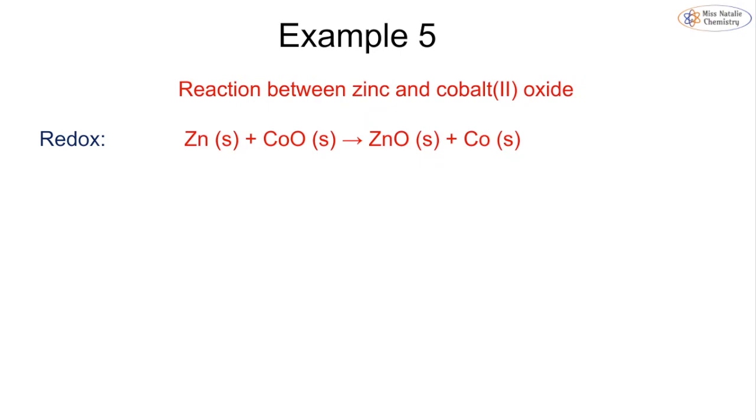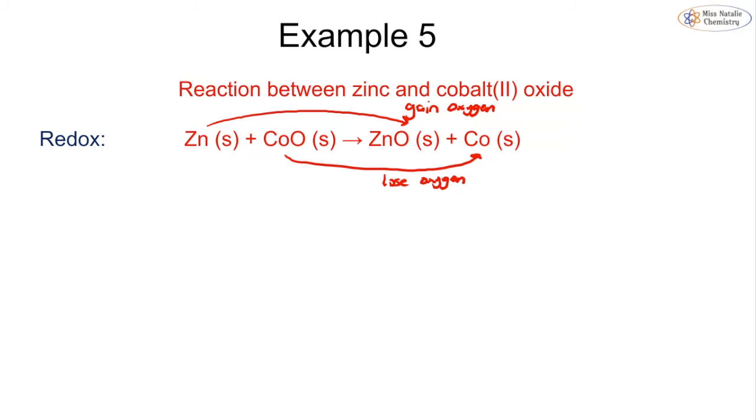Then we're going to do one more example just to finish off, where we've got zinc reacting with cobalt oxide, and that gives us zinc oxide and cobalt. So we can see again that this is the gain of oxygen and this is the loss of oxygen. So we know that the zinc is going to be oxidized and the cobalt is going to be reduced.